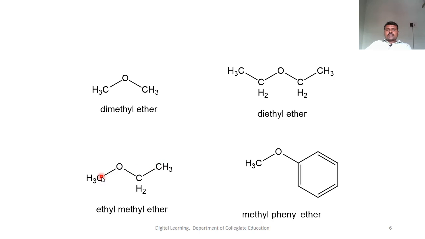So one is an ethyl group and another one is a methyl group, so we have to name it in alphabetical order. So ethyl methyl ether. In this one, the oxygen atom is attached to a methyl group on one side and a benzene ring on the other side. So this is named as methyl phenyl ether.